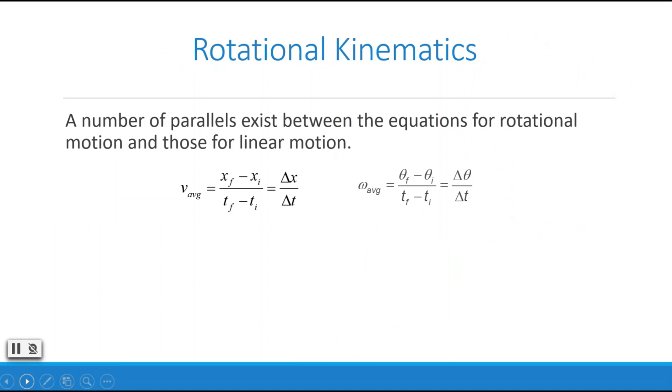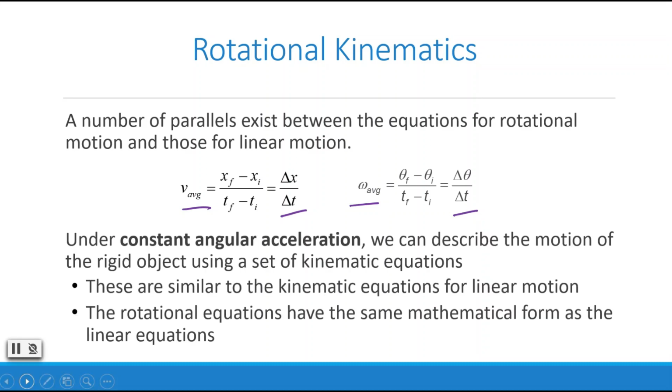In terms of rotational kinematics, basically everything that we've done is nearly identical to linear kinematics. When we looked at our average velocity, that's change in linear position over change in time. Our average angular velocity is change in angular position over change in time.